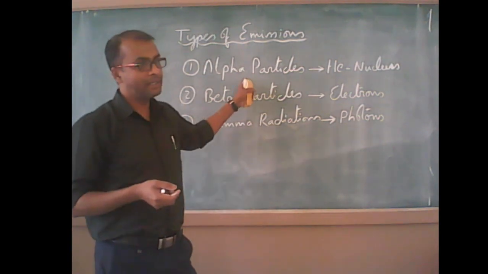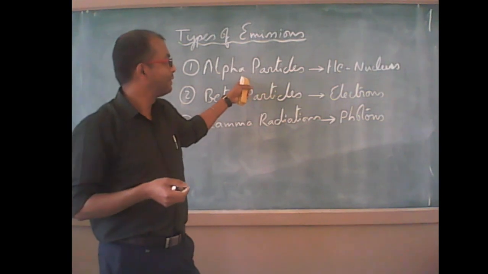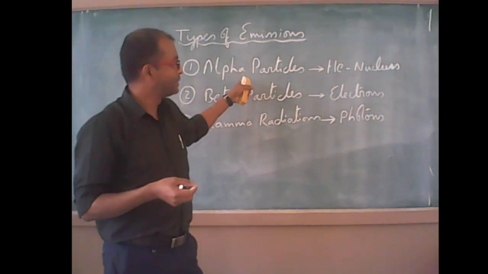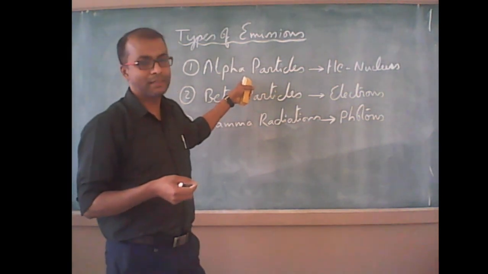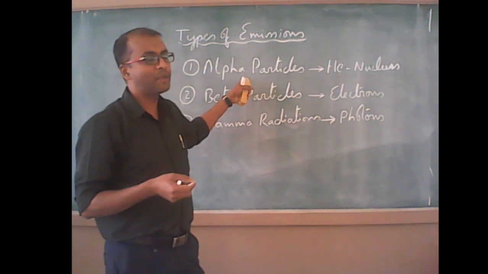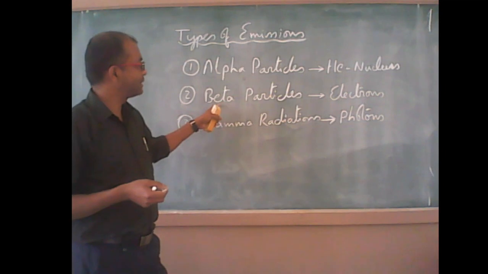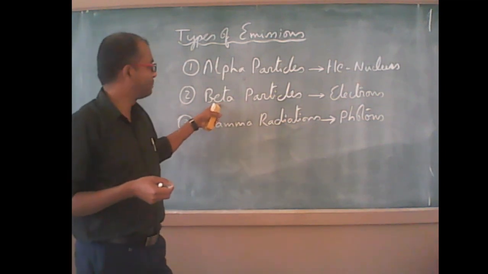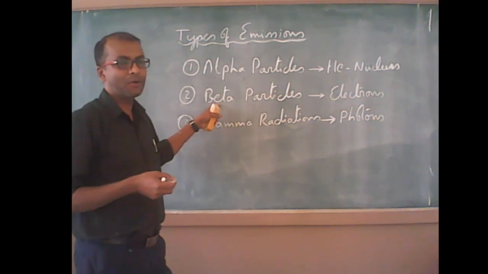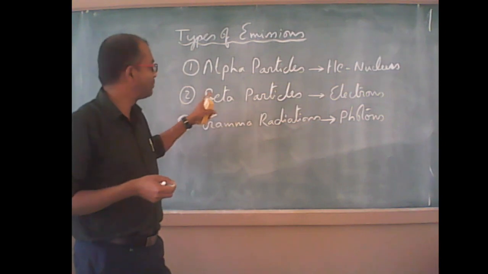They can cause ionization, and of course they can pass through matter. They have penetrating power. But because they are massive compared to the electrons, that is the beta particles, their penetration power is lesser than that of the beta particles.